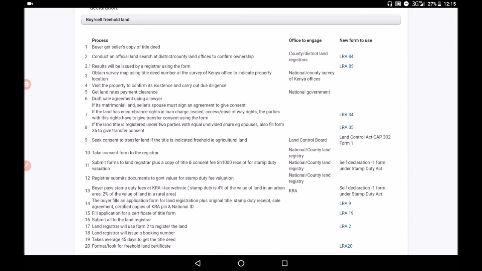If the land has encumbrance rights like a loan charge, lease, access, or easement rights, the parties with these rights have to give transfer consent using a form. This particular form for this consent is LRA 34.